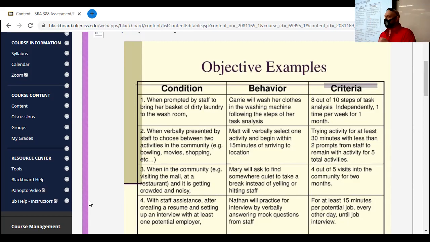His behavior that you're going to be looking at is going to be to verbally select 1 activity and begin within 15 minutes of arriving to the location. The criteria, this is what's measurable to say whether or not it was effective or not. He needs to try the activity for at least 30 minutes with less than 2 prompts from staff.